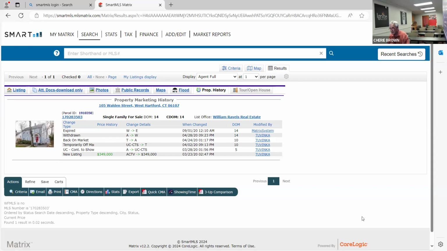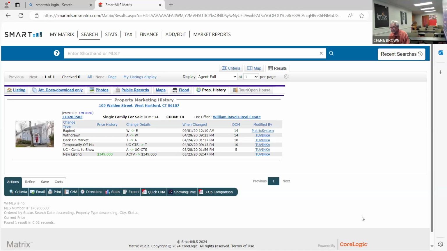With the withdraw, it's a broker protected status. The other brokers aren't in a position, because it's a valid listing agreement. It would be unethical for other brokers to call that seller and try to solicit their business if it's in withdrawn status. But they kept it in withdrawn because the seller clearly was indicating they had no intention at this point of selling. The broker said, well, we're not going to force you to sell. So it goes into the withdrawn status.